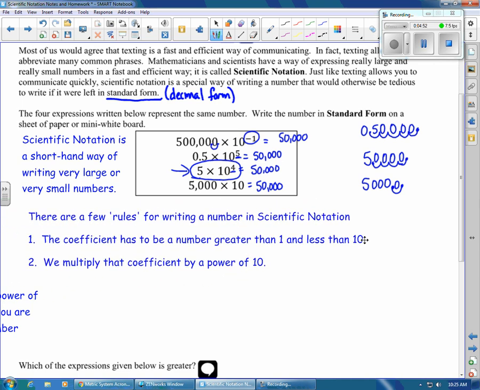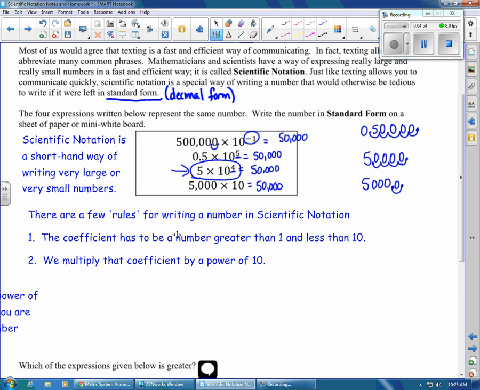So there's only 2. The rules for writing a number in scientific notation: the coefficient, this number that's out in front here, has got to be a number that's greater than 1 and less than 10. So like this one here, this coefficient is less than 1. So that one is not in scientific notation, even though it looks very similar because I'm multiplying it by a power of 10.